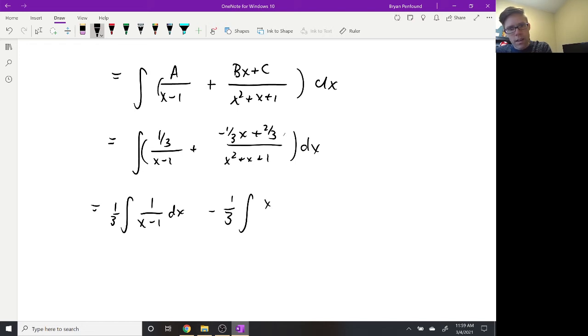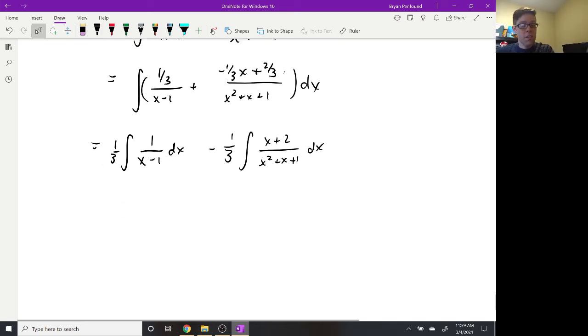That will give us x plus 2. So I'm just going to get rid of those thirds. That cleans up the first fraction enough to know that this is going to be a logarithm kind of thing. So that first one's done. I can just use the natural logarithm to find the antiderivative over there.